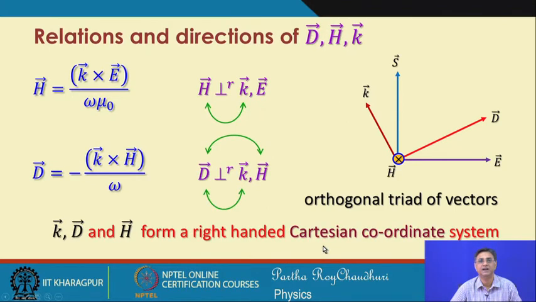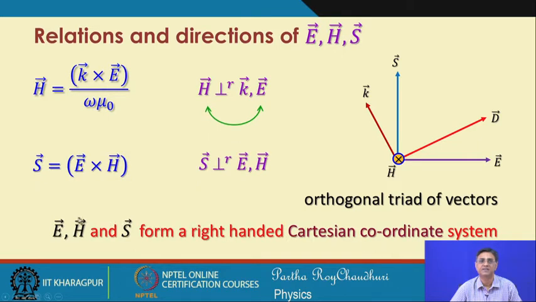So, you have seen that k, D, H form a Cartesian coordinate system, and this E, H, S also form a right handed Cartesian coordinate system, but in general they are different in terms of their angle.